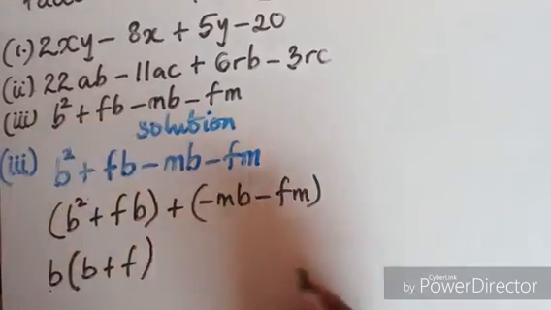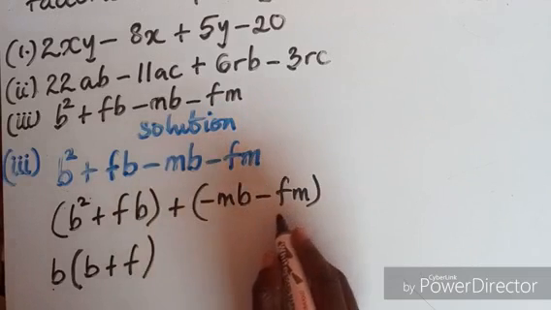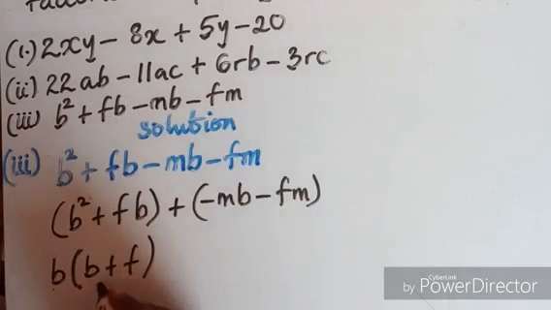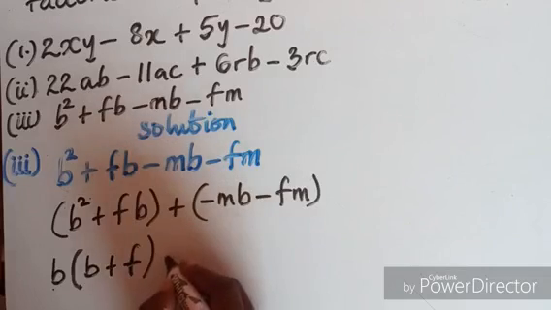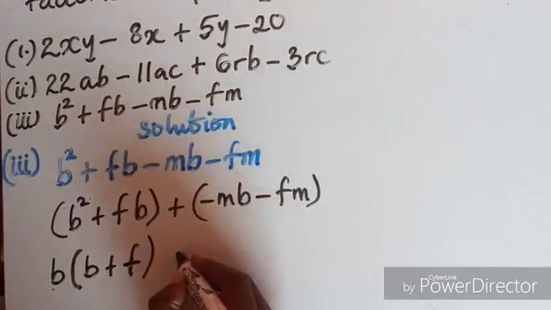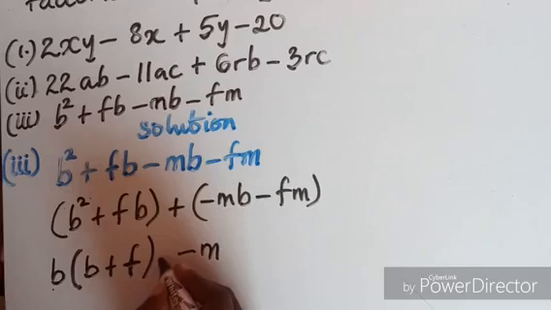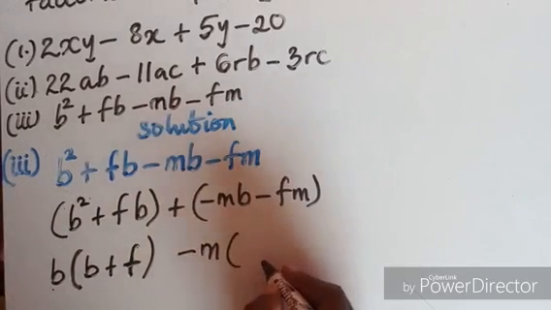Good. And if I look here, it is minus mb and minus fm. The function here is positive, but the common term that is coming out must be negative m, and when positive meets negative, we say it's negative, so here we have negative m.